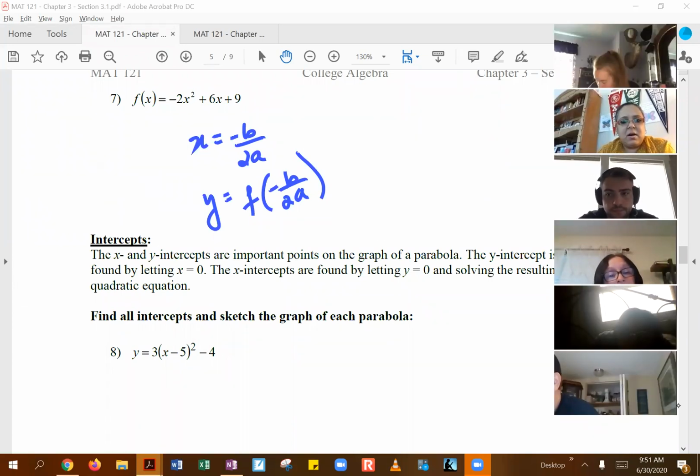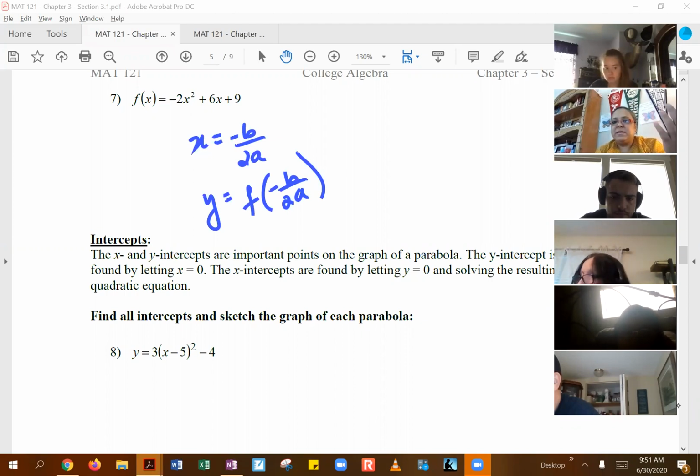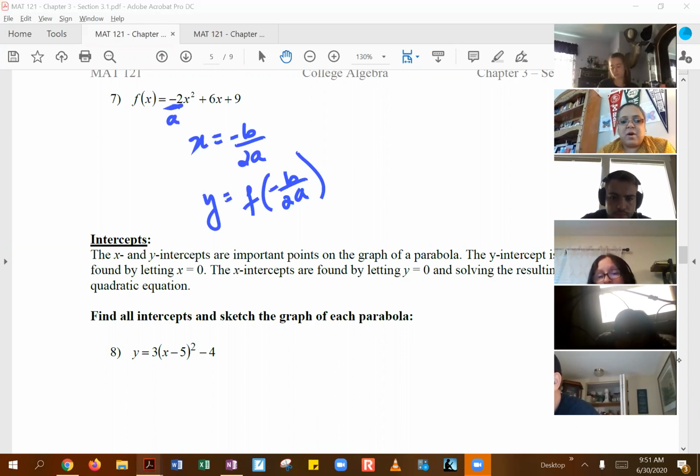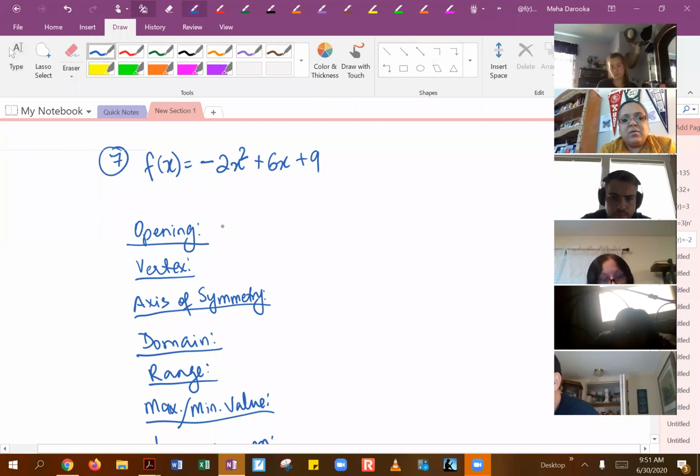Okay, so what's our opening here, guys? Yeah, very good, because your A value is -2, right? This is our A value over here, and since it's -2, we know our graph would be opening downward. So that's our opening, very good.